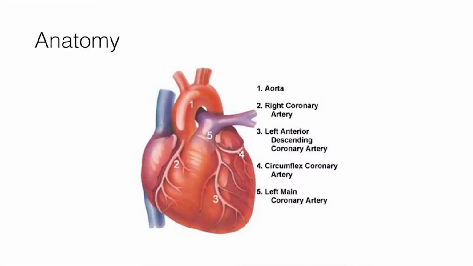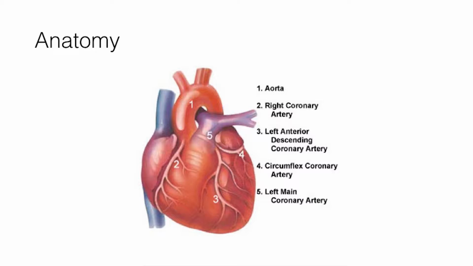So first we have to look at the anatomy to understand the pathology. So if we look at the coronary artery circulation or the heart's blood supply, the heart is supplied by the two arteries that come off the aorta, the very first branches that come off from the aorta once it's left the left ventricle, the right and the left coronary artery.